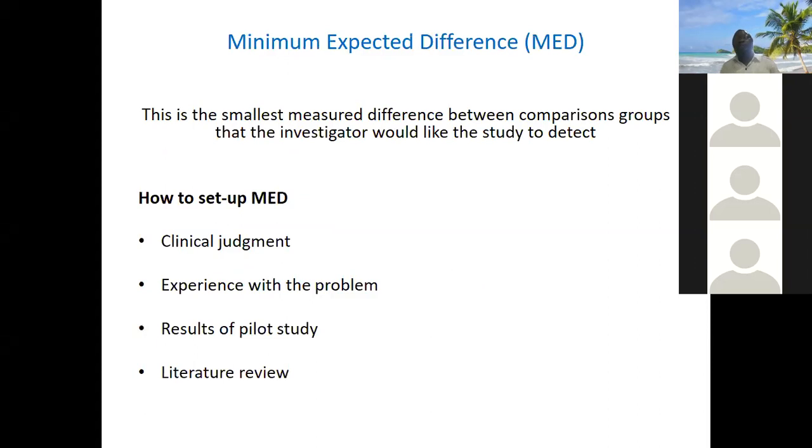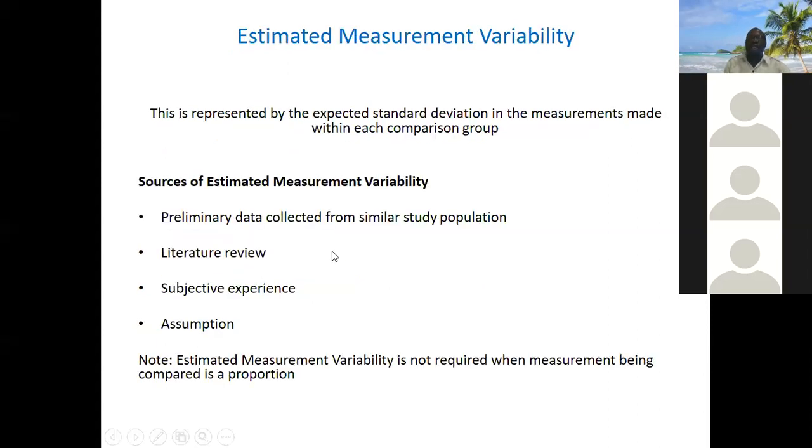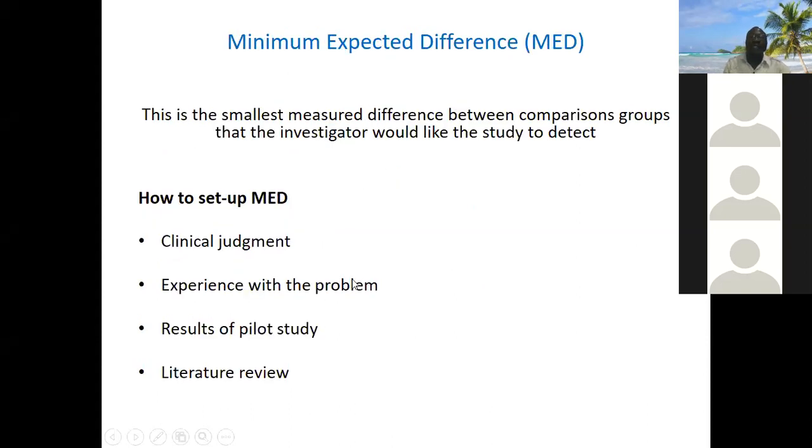Now, the minimum expected difference is the smallest measure difference between comparison groups that the investigator would like the study to detect. The smallest difference. If it's too small, you say, oh no, I don't even expect them to differ.